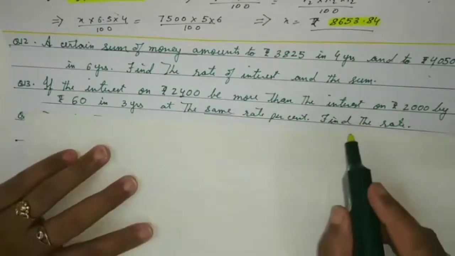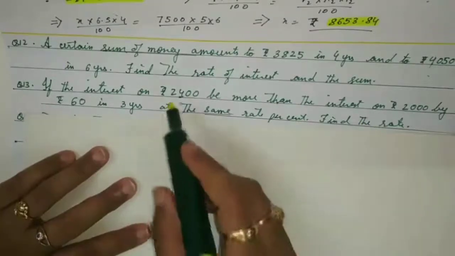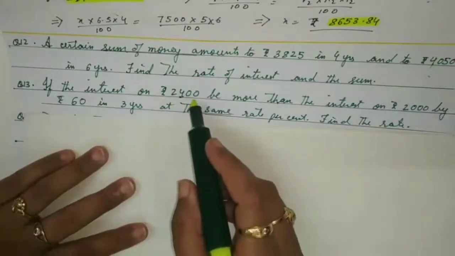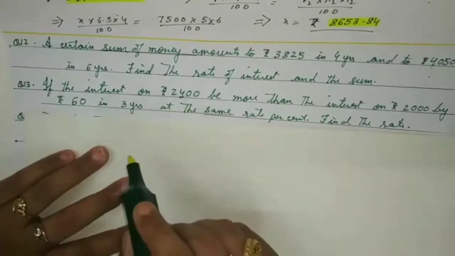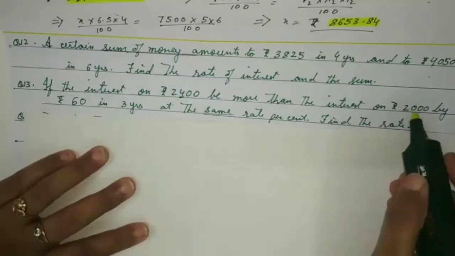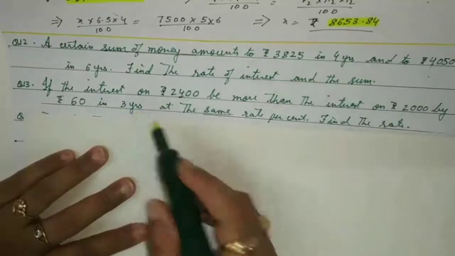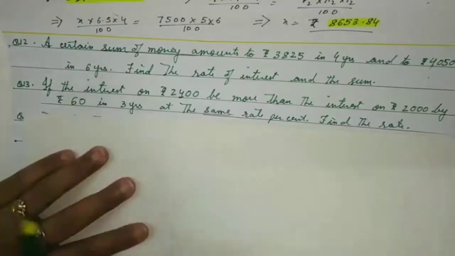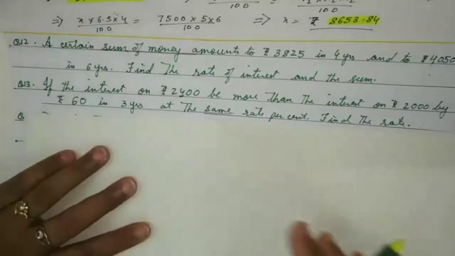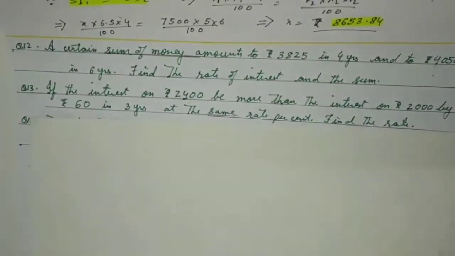So the question is, if the principal is 2,400, the time is 3 years at a particular rate, and if the principal is 2,000 and the time is 3 years at that same rate, the difference between the two interests is rupees 60. This is the question. So how we solve it is this.